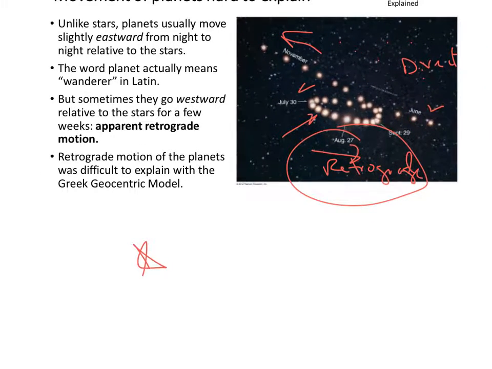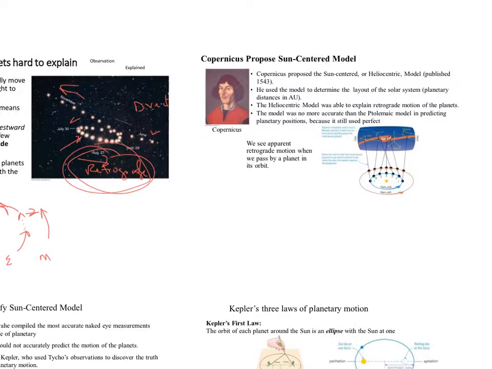If this is the sun, this is Earth, and here is Mars, Earth is going faster than Mars. As Earth catches up to Mars in its orbit, lines up, and overtakes it, goes beyond it, that's when we get this retrograde motion. I tried to explain it in my PowerPoint slides.